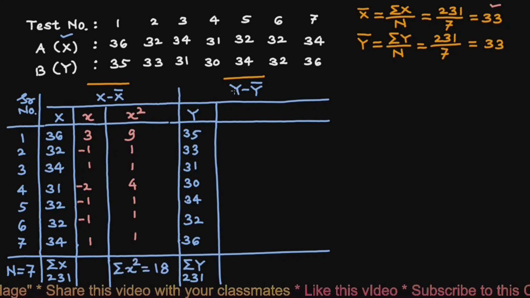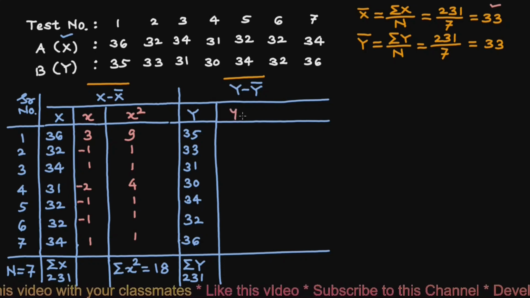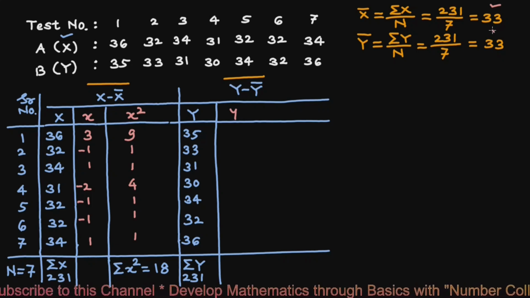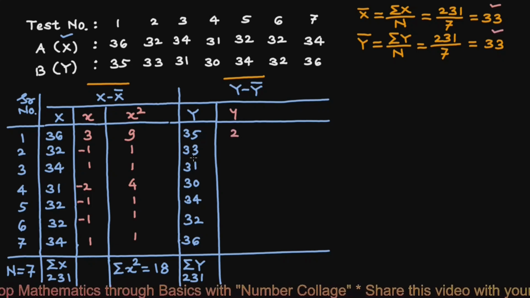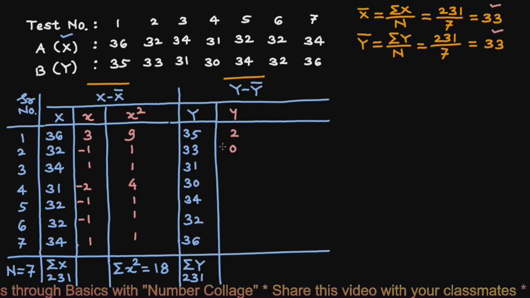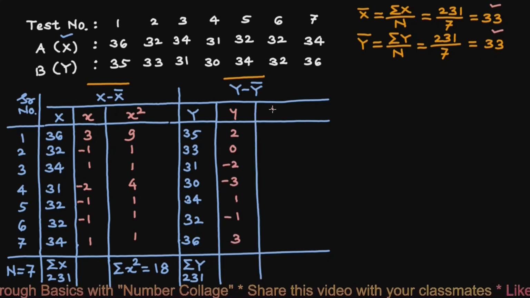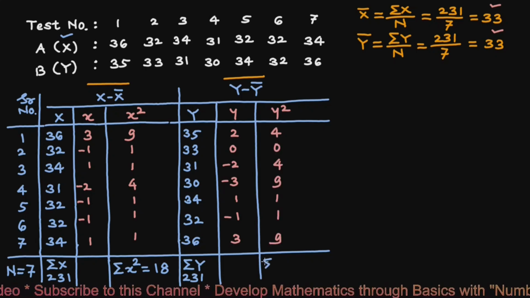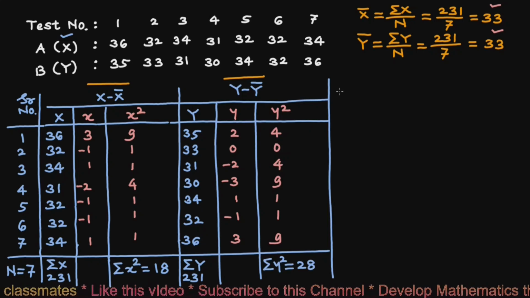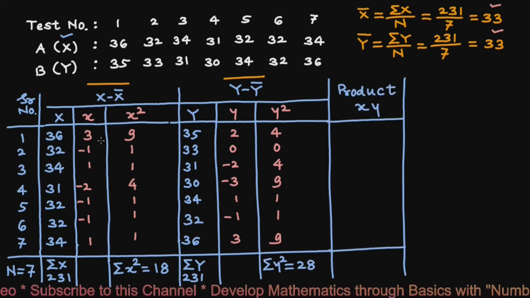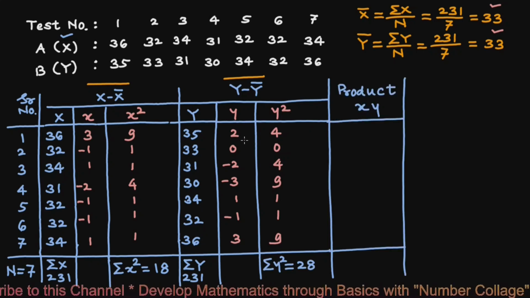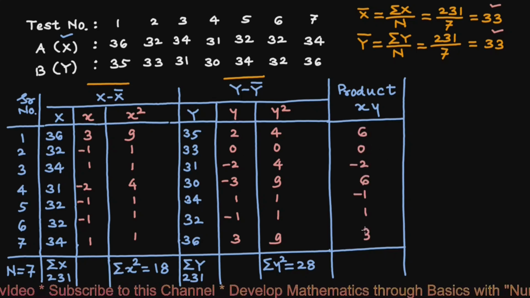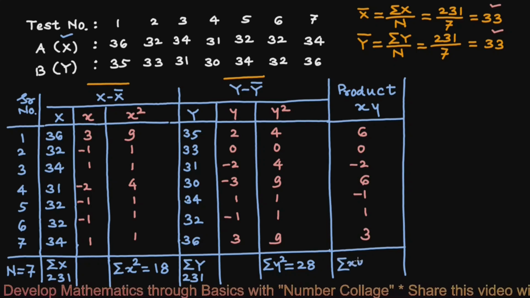Then we represent y minus y bar as small y, and first y minus y bar will be 35 minus 33, 2, 33 minus 33, 0, etc. Y square will be 2 square, 4, 0, etc. Summation y square will be 28. Next we write the product xy. First xy will be 3 multiplied by 2, 6, minus 1 multiplied by 0, 0, etc. Summation xy will be 13.